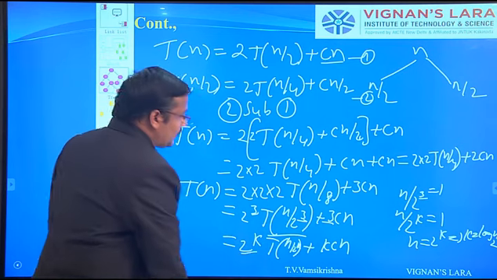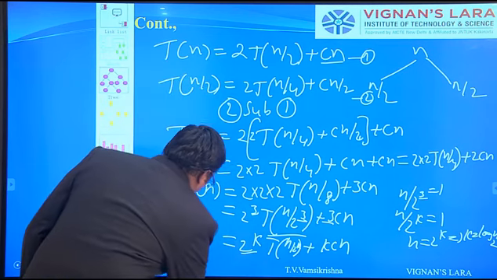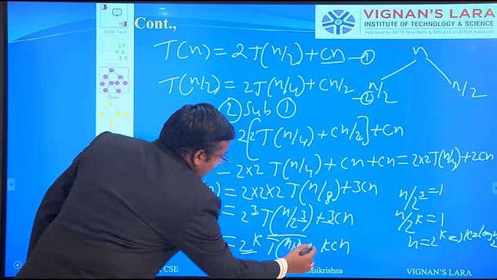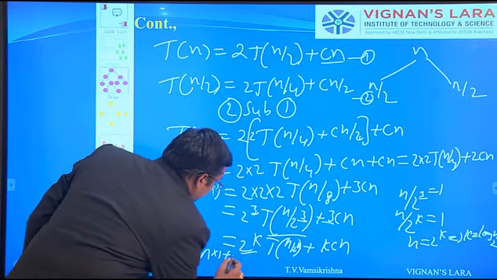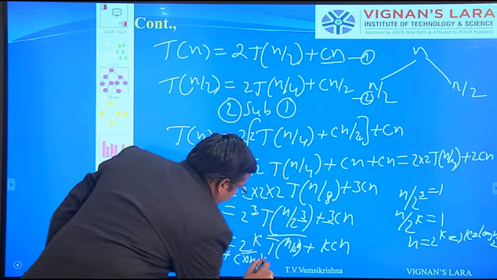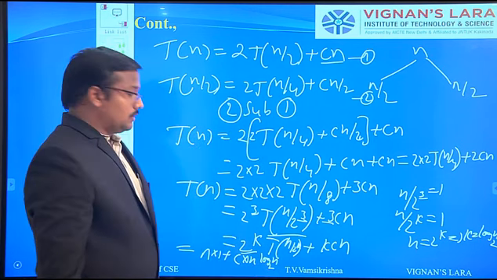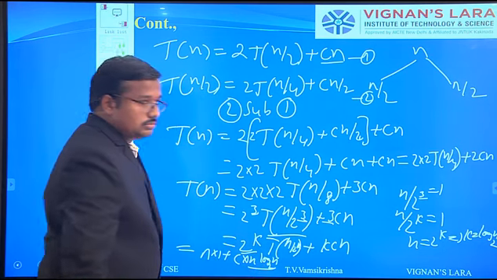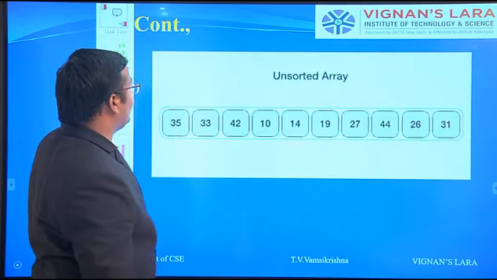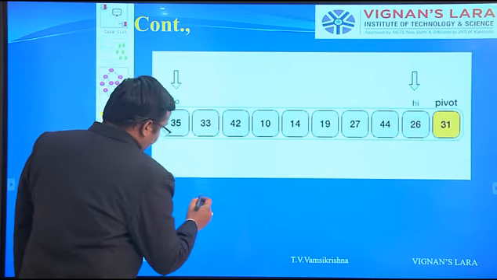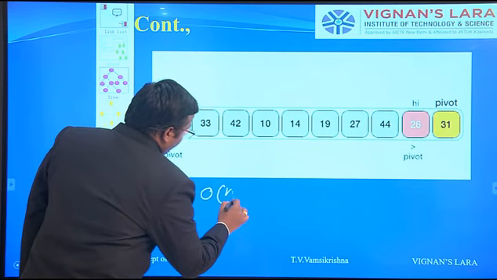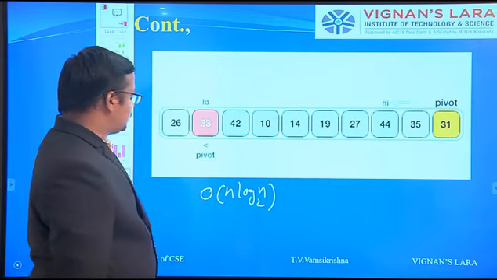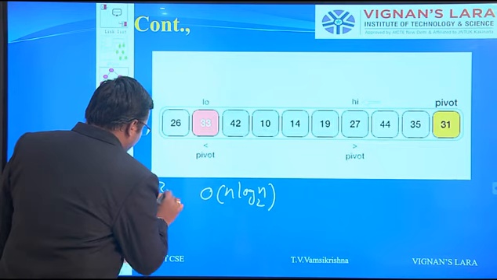Here 2 power k value is n, T of 1 value is 1, plus k value is log n base 2, so Cn log n base 2. Comparing n and n log n base 2, n log n is the dominant value. Simply, we can say that the time complexity of quicksort is big O of n log n base 2.